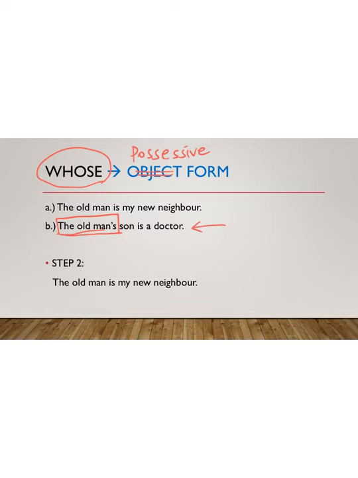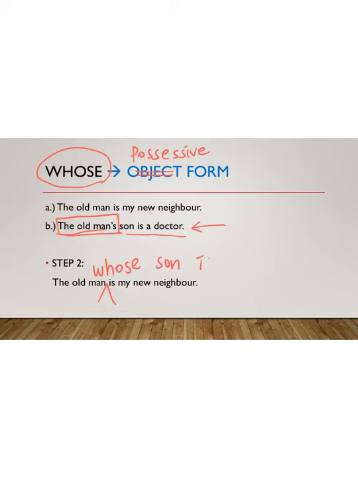So where to put whose? Again, we have to put the relative pronoun right after the person that we are referring to, which means here, after the word man, after the old man, we have to put whose here, okay, and then we copy the remaining part of the original sentence.